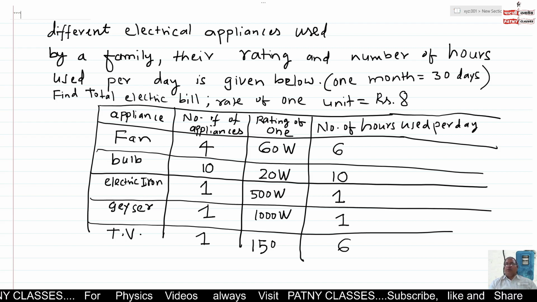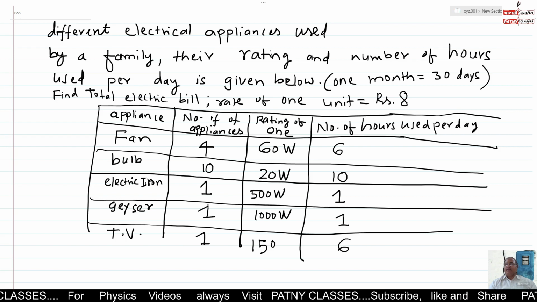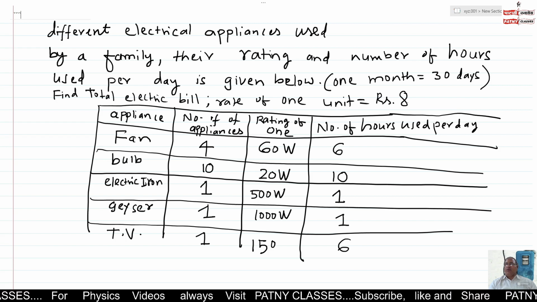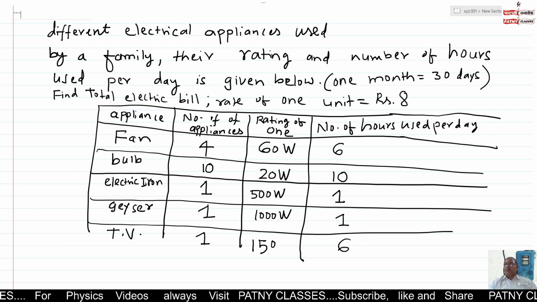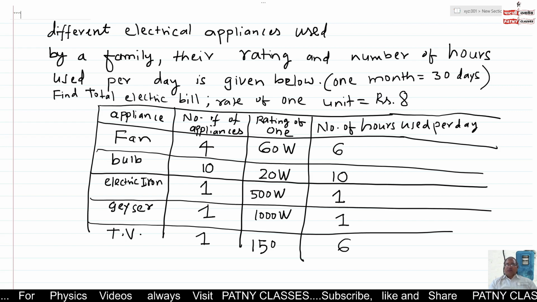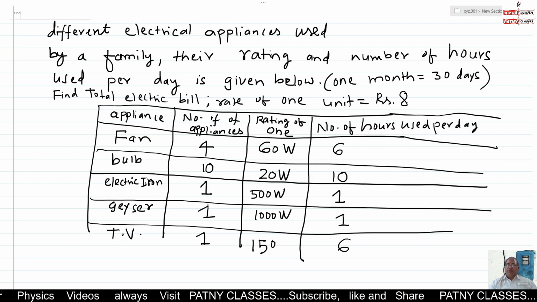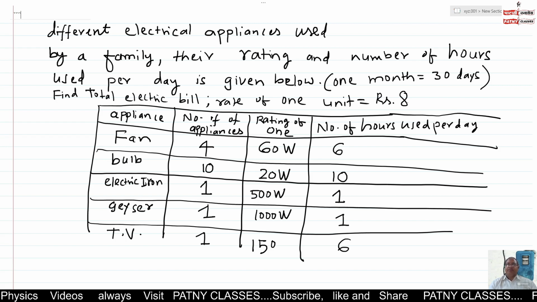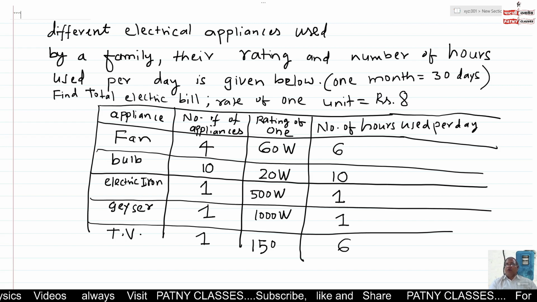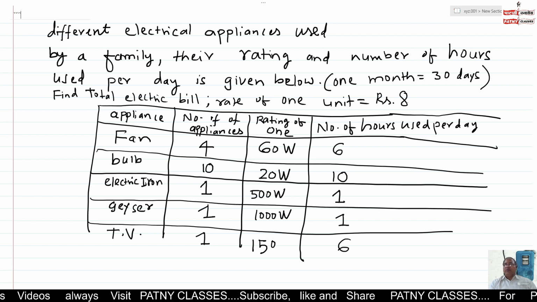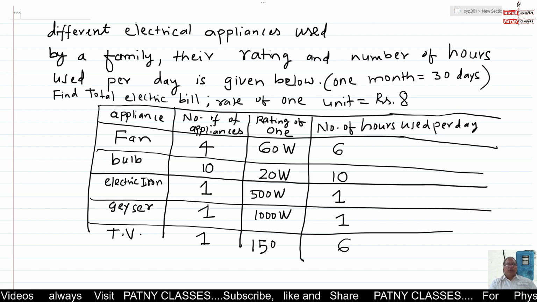Similarly, 10 bulbs are utilized, the rating of one bulb is 20 watts, and the number of hours per day is 10 hours. Nowadays we are using LED bulbs, and for LED bulbs the wattage is less. Electric iron, only one, we don't use 10 irons.